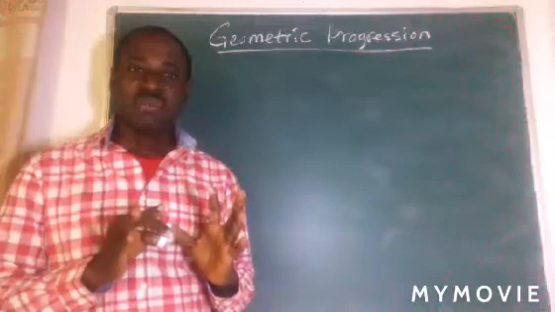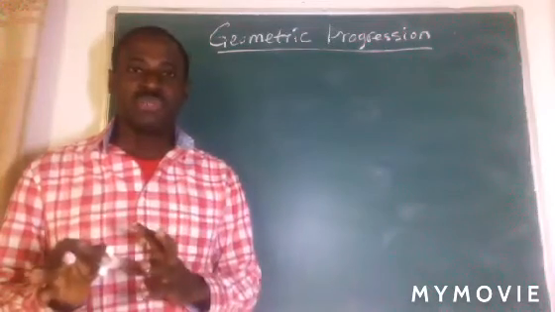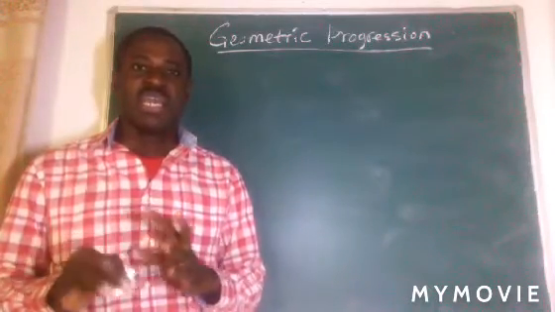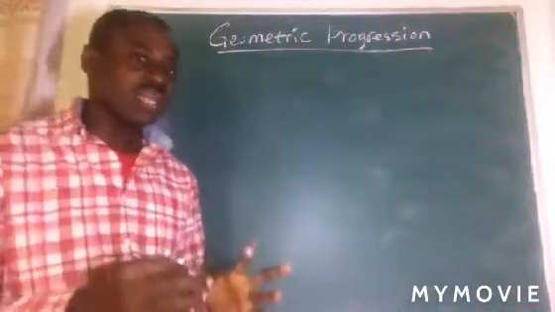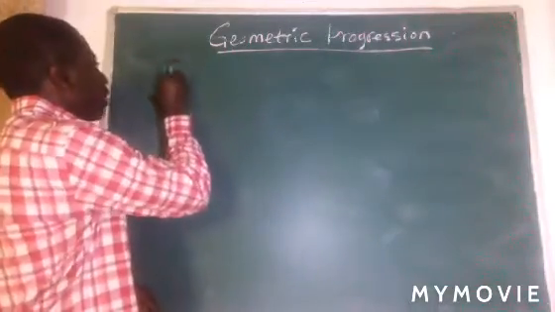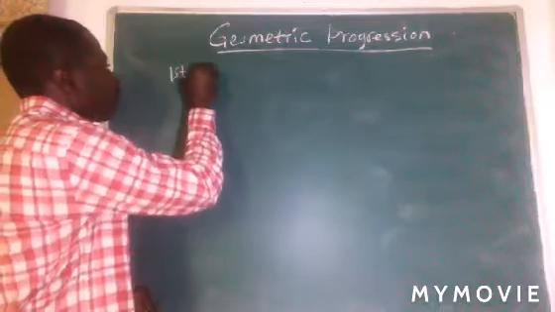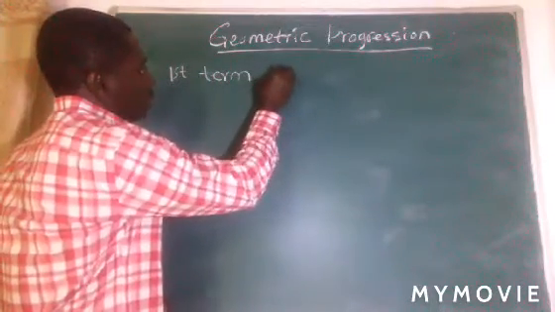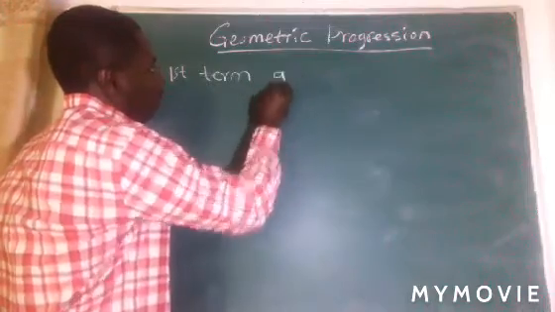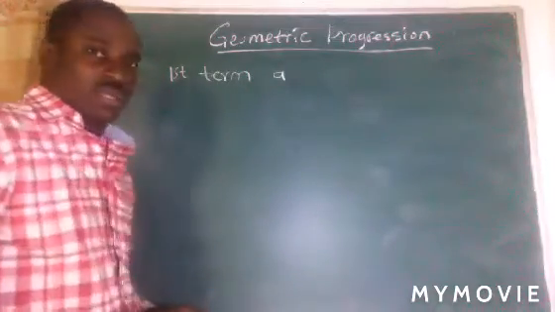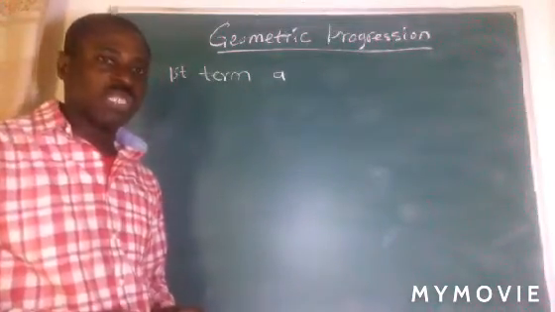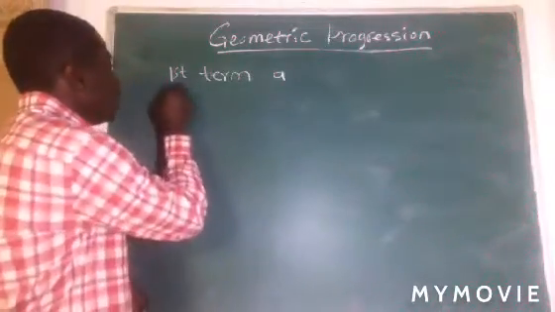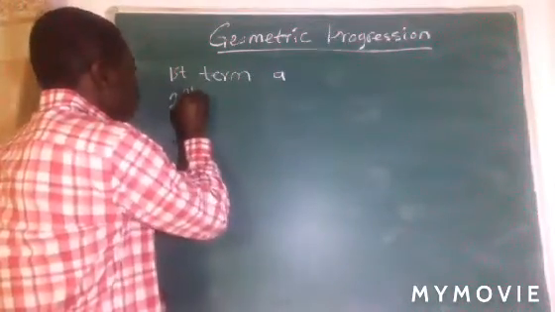Now, the first term of a geometric progression is given as a. The second term of the geometric progression is given as ar.